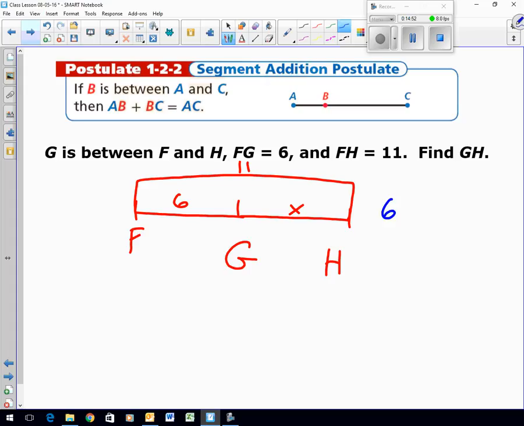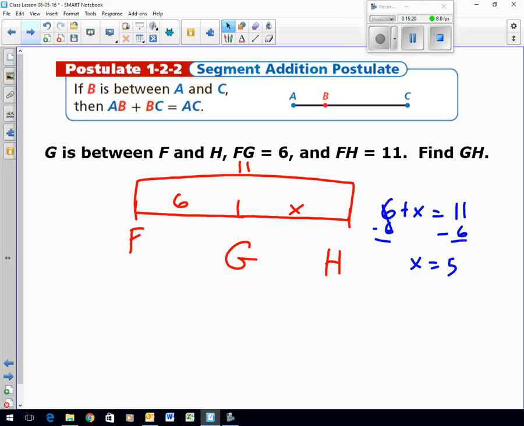But if we said 6 plus x equals the total distance, which is 11, I'm doing the exact same thing. That's my segment addition postulate helping, right? I'm adding the segments together to get the entire segment. Here I'd subtract 6 from both sides. X would be 5. Very simple, right?